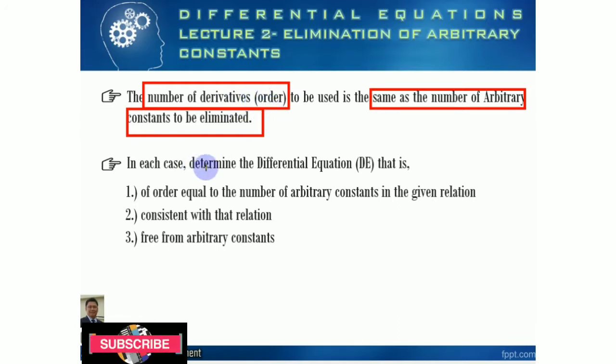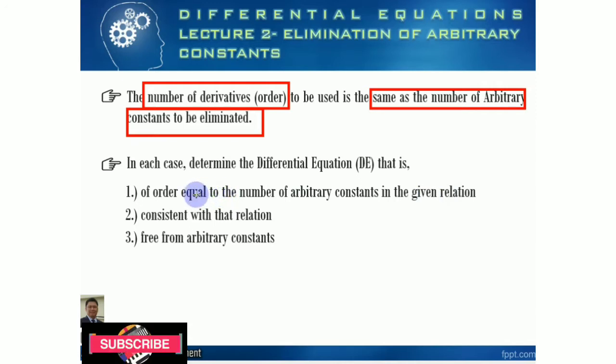Okay, in each case, determine the differential equation that is first of order equal to the number of arbitrary constants in a given relation. Normally in the problem, this relation is given through an equation, and we need to eliminate some arbitrary constants.